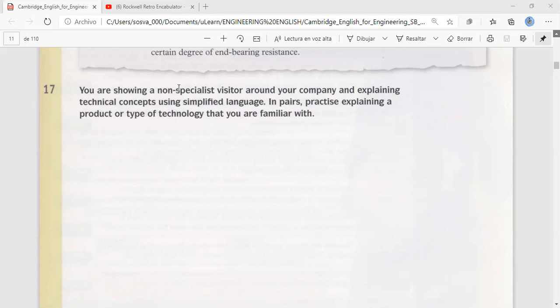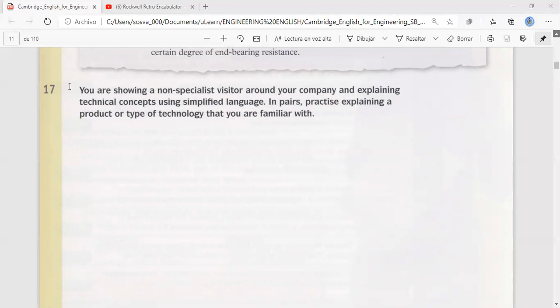It depends on the type of technology that you are familiar with. I know what kind of machines you are accustomed to working with, but you can explain one or two of the machines. Of course, use vocabulary like: this is what we call, essentially, basically, effectively, in other words, in simple terms.